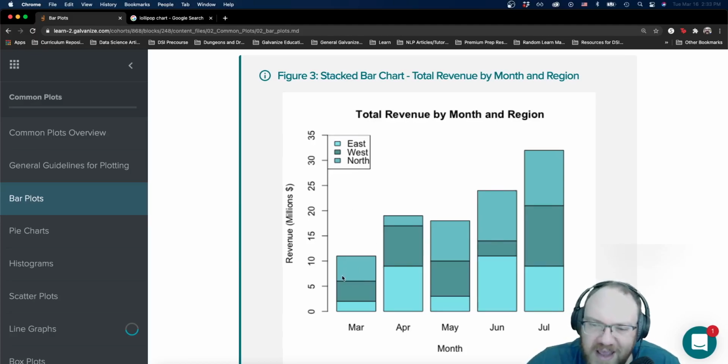If I start to have 7 layers in this bar chart, that's not going to be particularly informative to me, right? It's going to be a little bit too busy, sort of hard to interpret, right? But when you do have 2 or 3 subgroups, sometimes doing this stacked bar chart can be really helpful, right? To look at both the aggregate, this total amount, as well as a breakdown per region in this case.